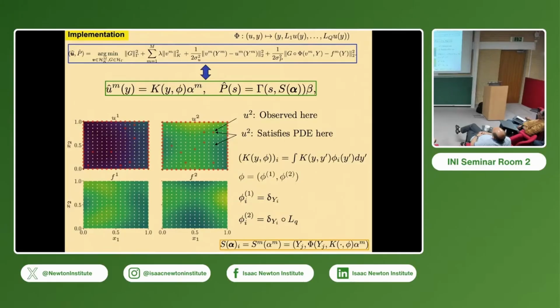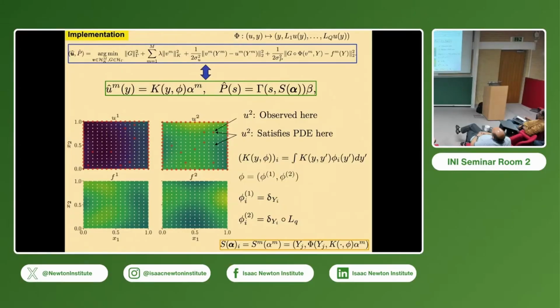So you see that you have a nonlinearity that is going to appear here. And this beta becomes also an optimization variable, right? This expression is going to involve pointwise evaluations of your kernel K and its partial derivatives. And the partial derivatives of K that appear are the ones that you assume to be present in your PDE.